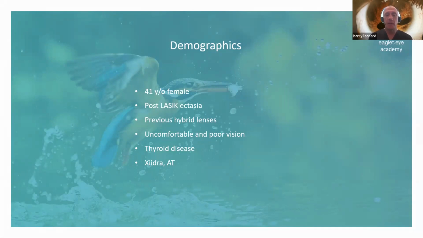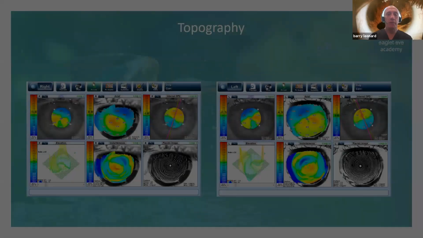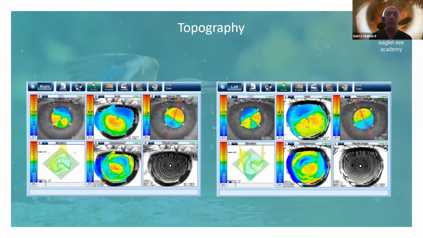So the next slide will show the topography. We looked at, of course, the rest of the exam. She had clear corneas, no scarring, anything else, but certainly a unique topography, not a huge delta in the sagittal corneal height. So we considered other things.